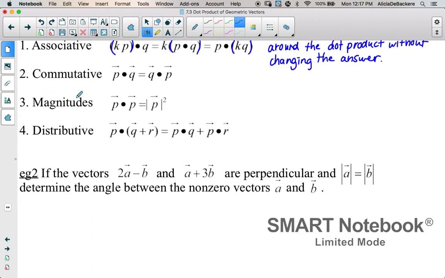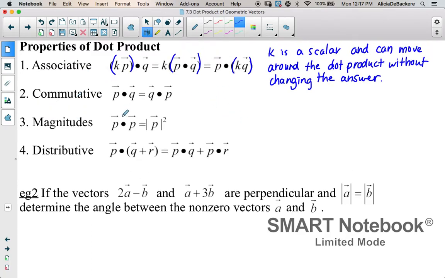And then there's the magnitudes property. If I take the dot product of a vector with itself, again just remembering the formula, p dotted with itself would give me the magnitude of p times the magnitude of p times the cosine of the angle between. Now, if it's a vector dotted with itself, p and p on top of itself, the angle between them is actually just 0.